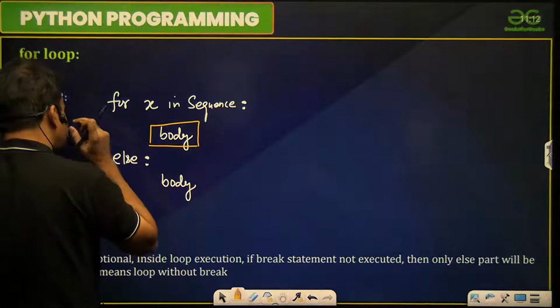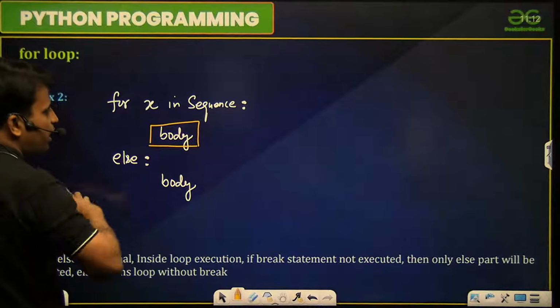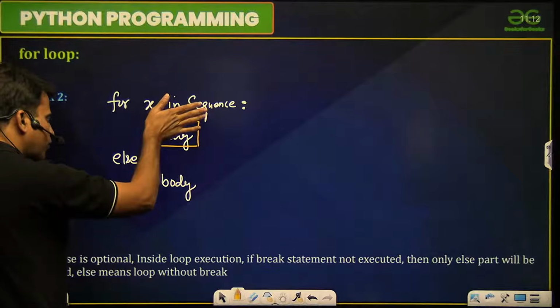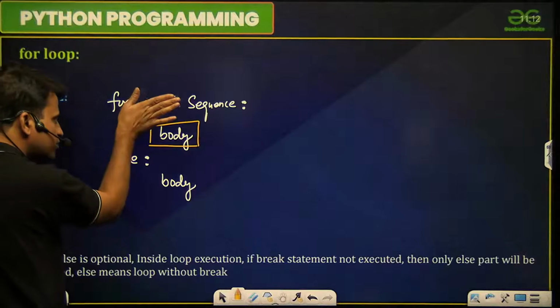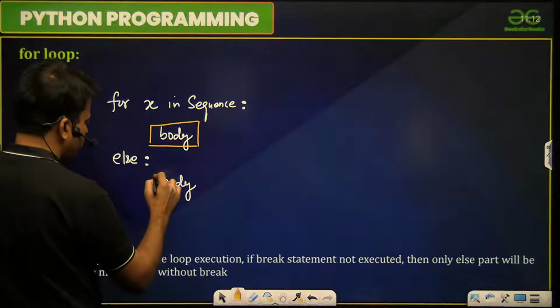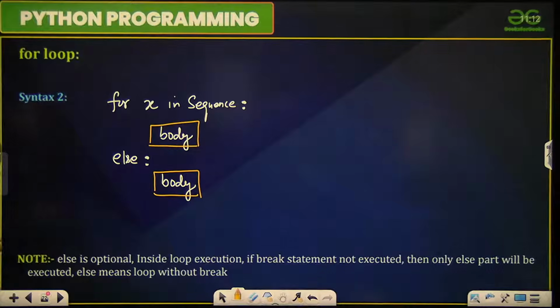Sir, the body is executed for every element x present in this sequence. After completion of this for loop, this else part will be executed. Okay, student. Then, sir, when will the else part not execute, student?